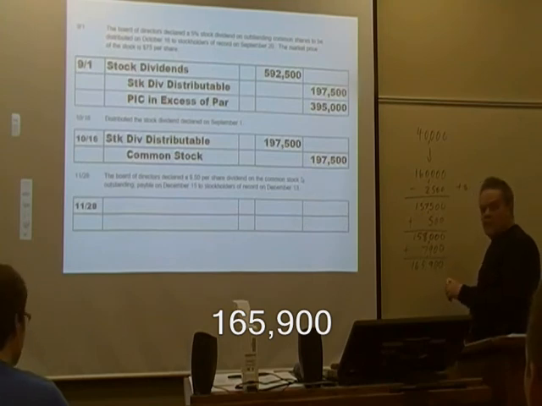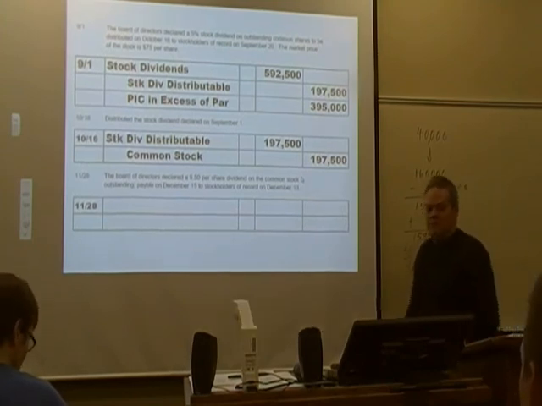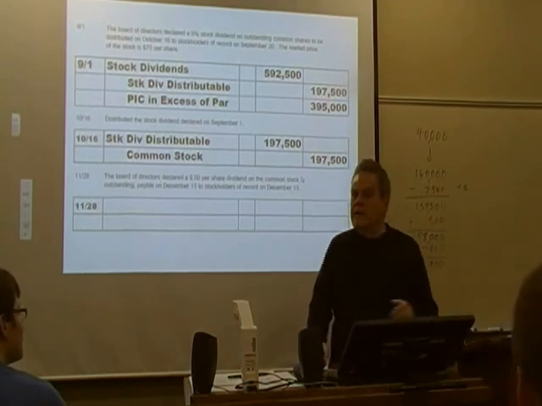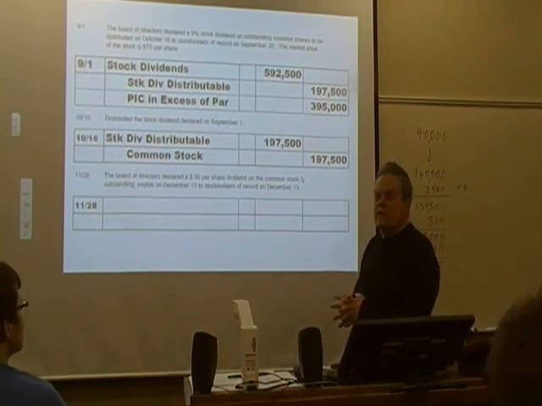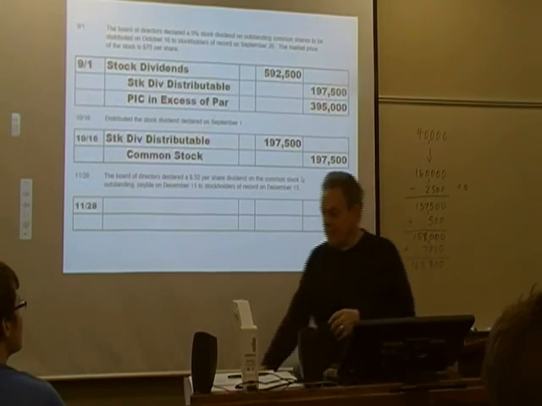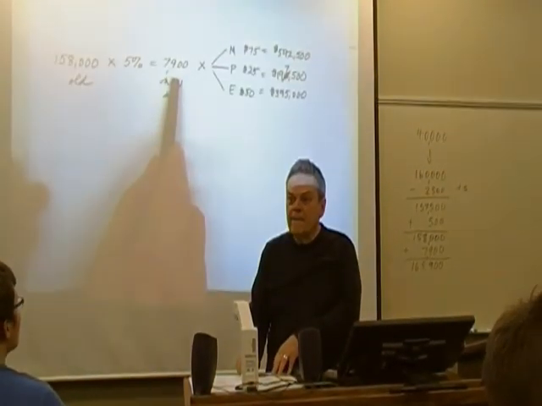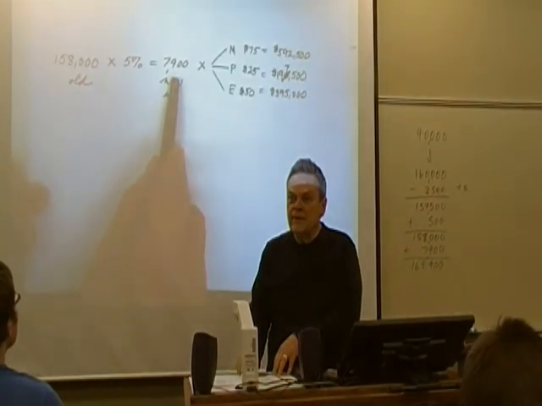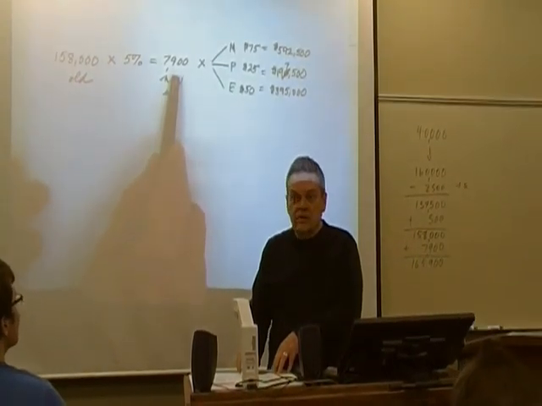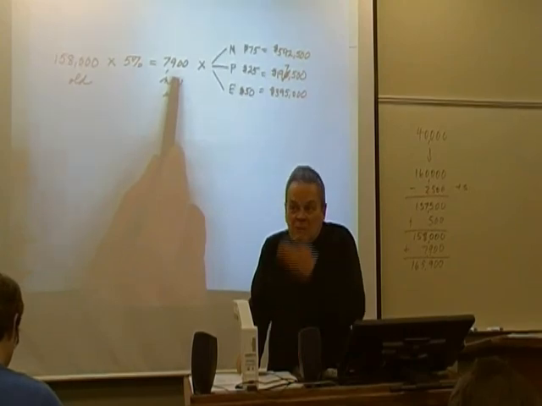I need an auditor on that number. Yes or no? Yes. Mark, how'd you get to that? 7,900. I was hoping somebody would ask. Good question, Mark. Remember it now.